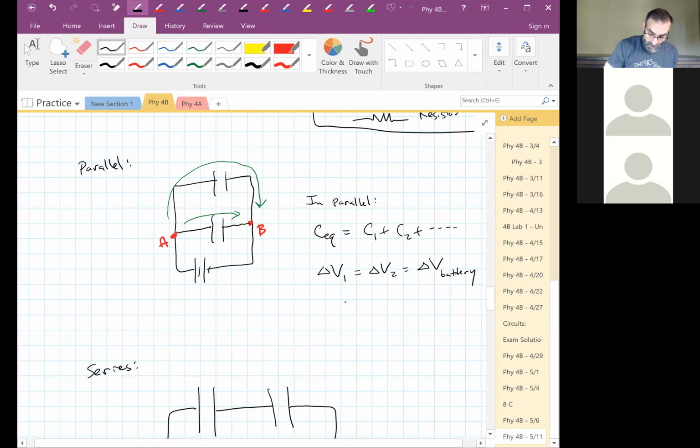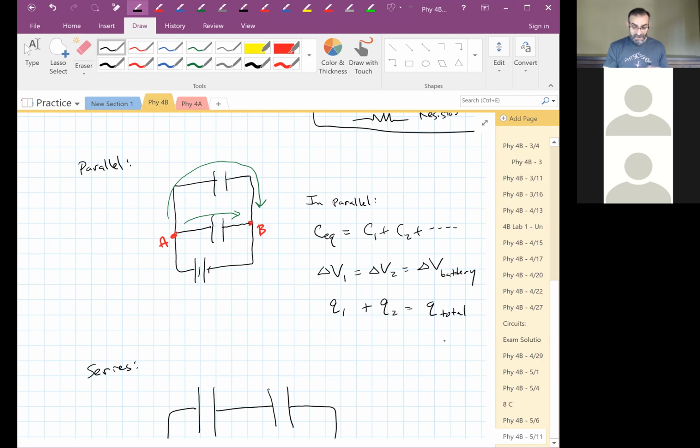Okay. And what about charge? The charge in the whole system is just the sum of the charge on the two individual capacitors.